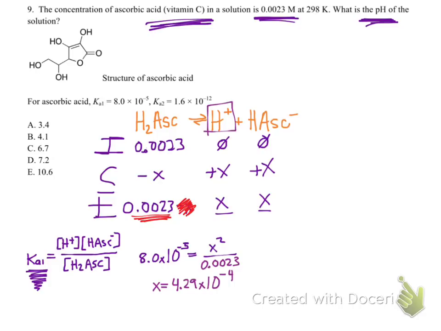So what we're going to do now, to get the pH, is take the negative log base 10 of that value that we got. And we'll end up getting that the pH of the solution is 3.37.